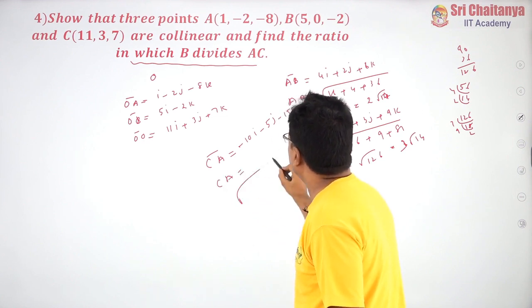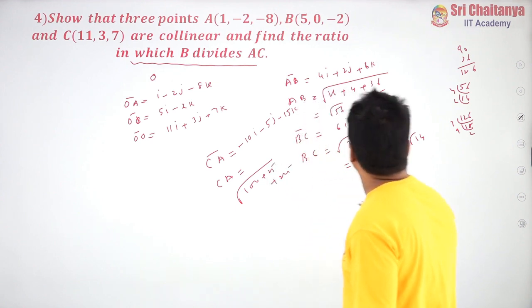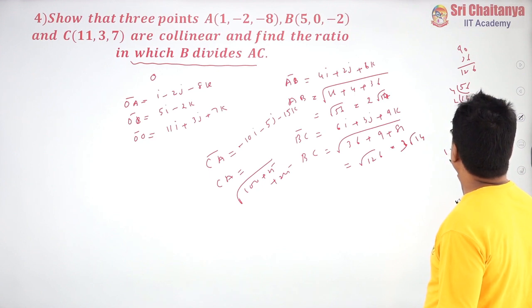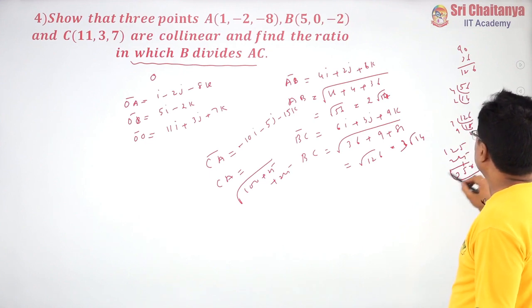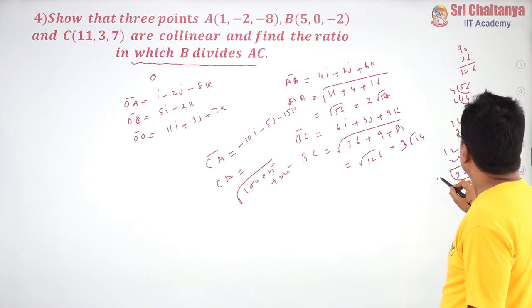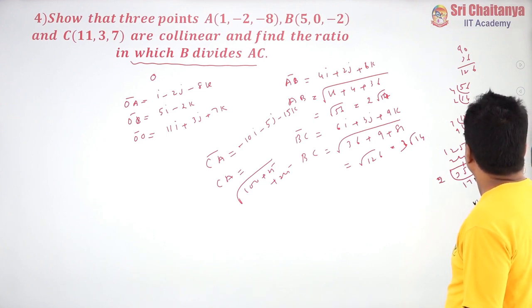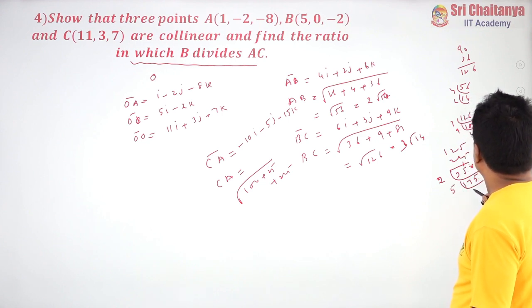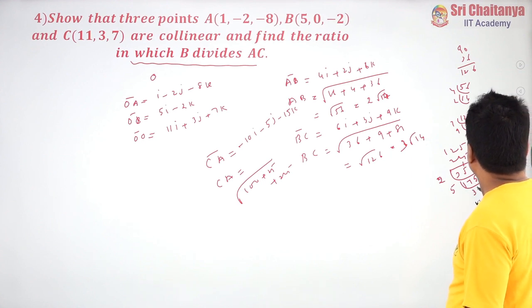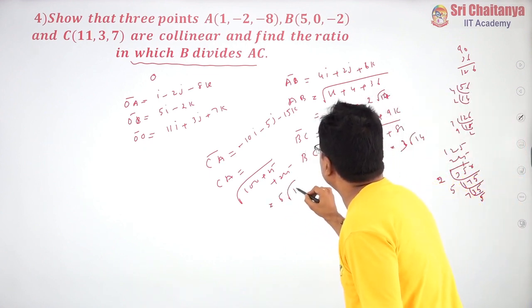Again it is root of 100 plus 25 plus 225, that is 350, which is 14 times 25. So I can write it as 5 root 14.